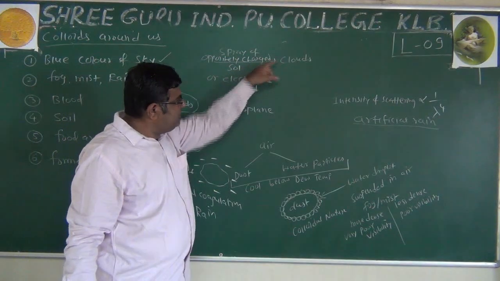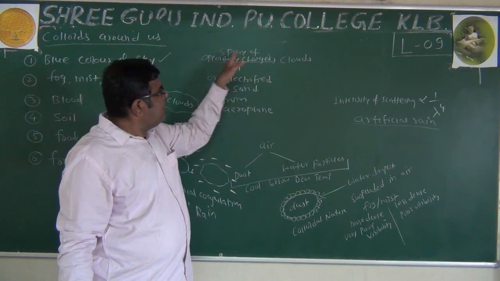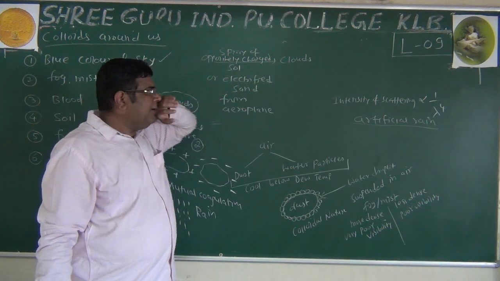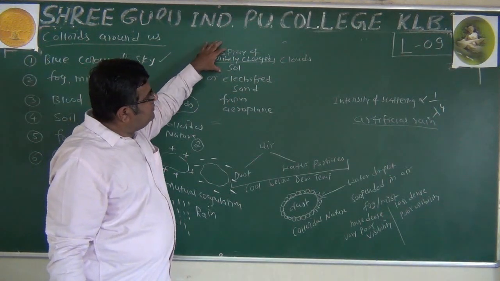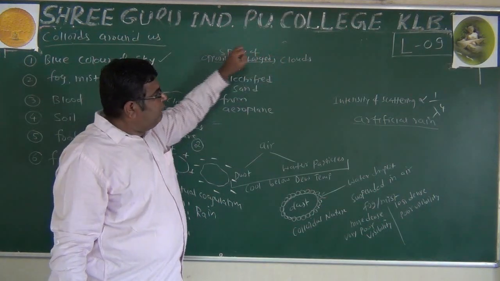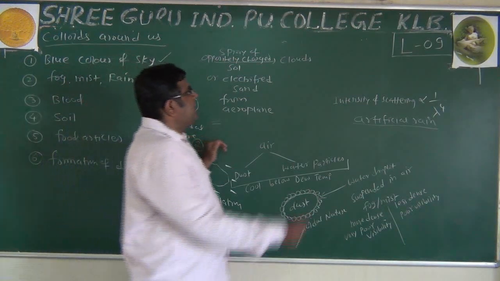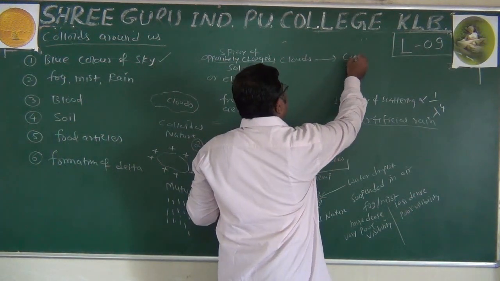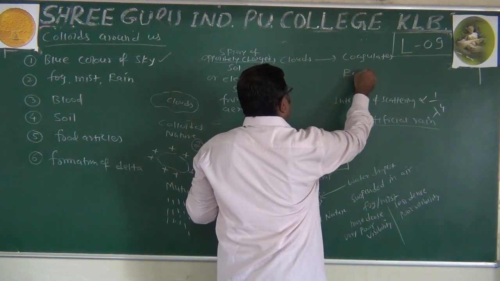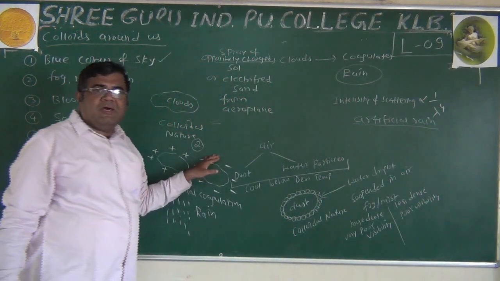If it is positively charged, electrons will neutralize it. If it is negatively charged, oppositely charged sol is thrown on it. The spray falls on these clouds, and there is a possibility that these clouds coagulate, and there is a possibility of rainfall.